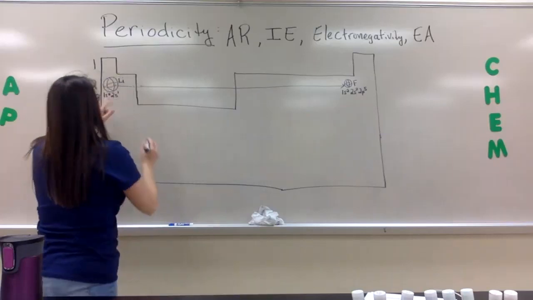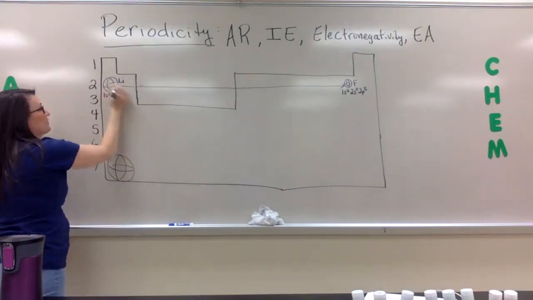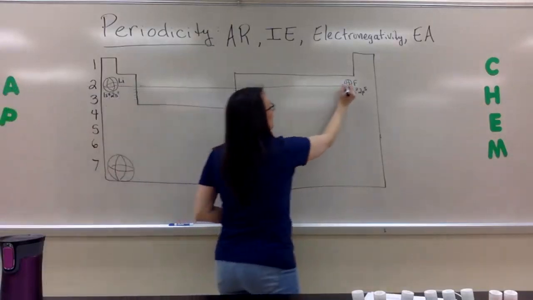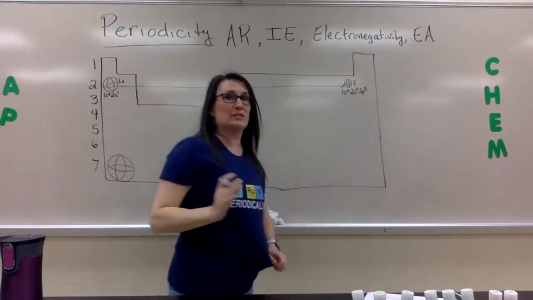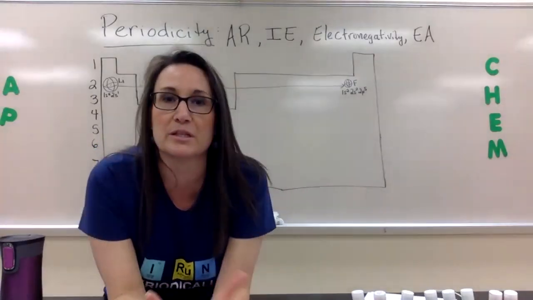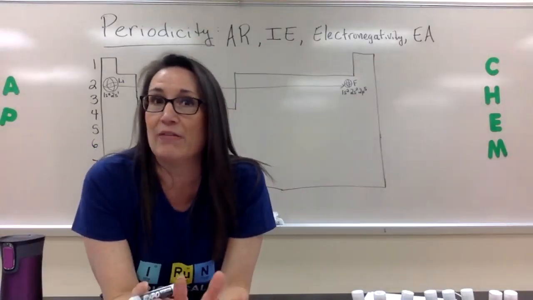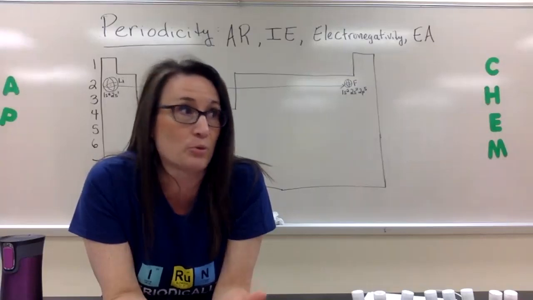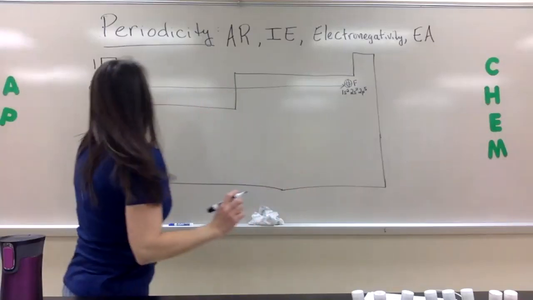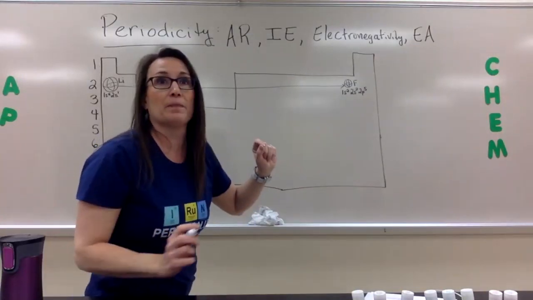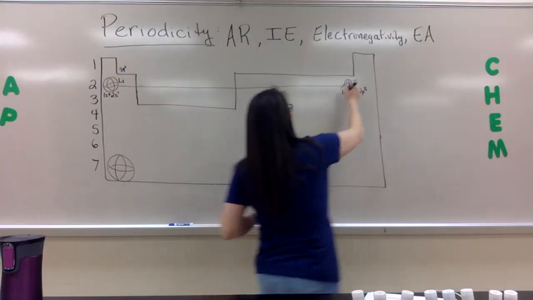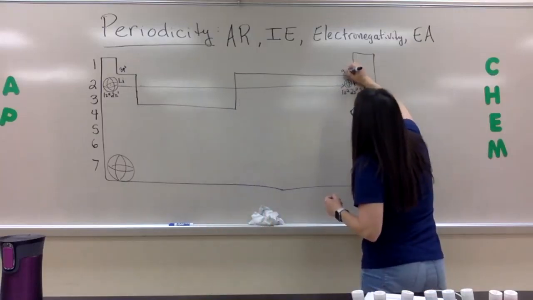What you need to talk about is that these both have the same energy level, but what's happening with that proton count in the center? You can use fancy words, like effective nuclear charge. There are words that the AP test likes, but they can't fault you for correct proof either. Lithium has 3 protons in the nucleus and this one has 9.